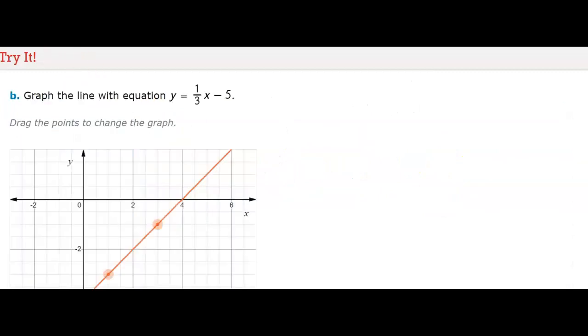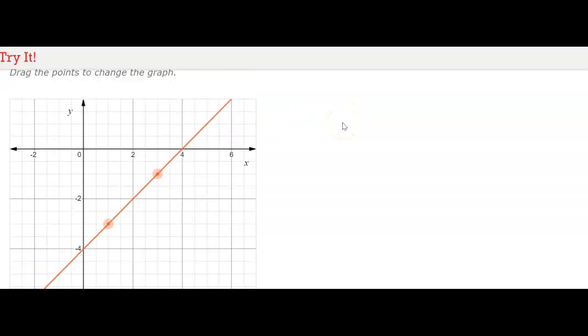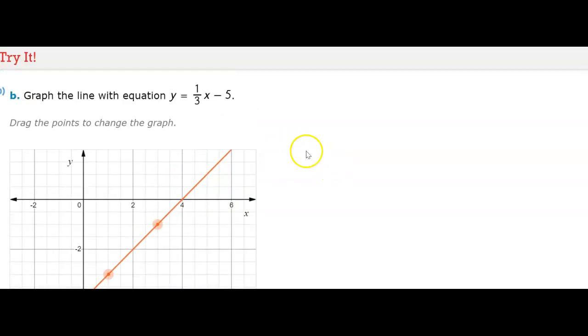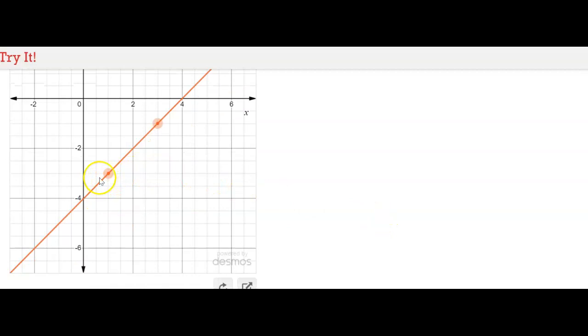Part B. Graph the line with equation y equals 1/3 times x minus 5. All right, so I'm going to try to use this Desmos graph. Okay, so the equation is here, and my y-intercept is 5. It's going to be negative 5 because that's a minus in front of it. So my line needs to go through negative 5. So how can I move?